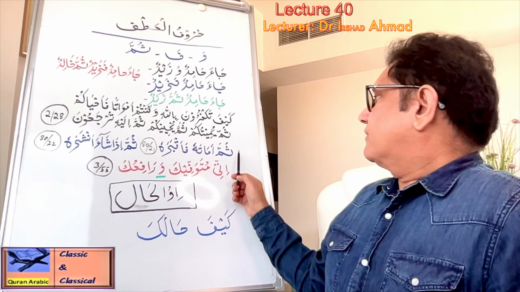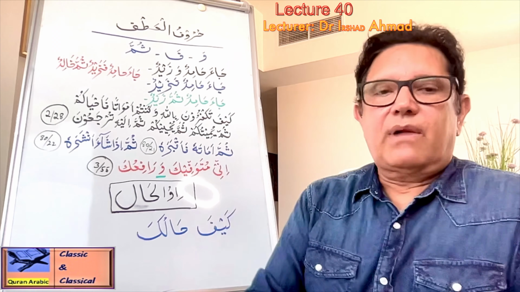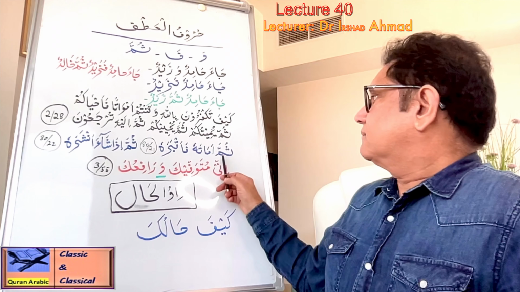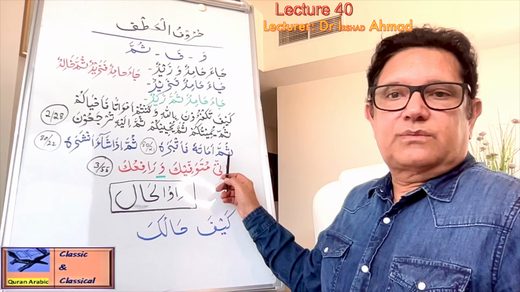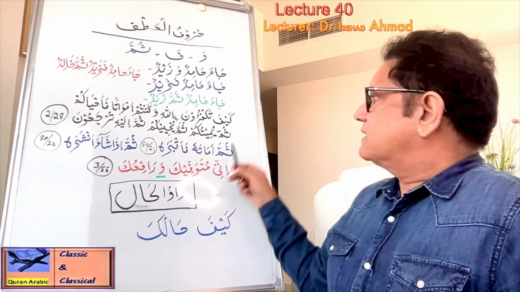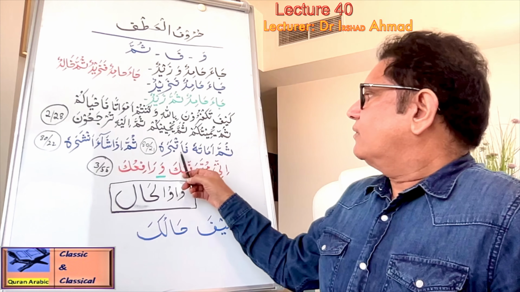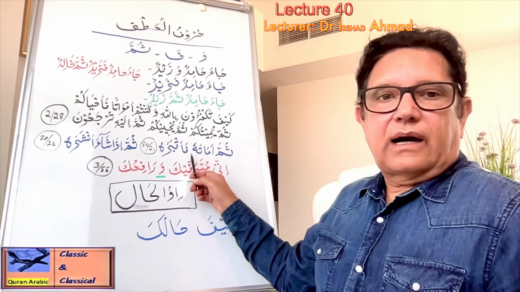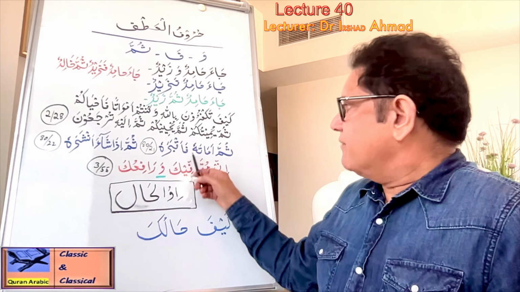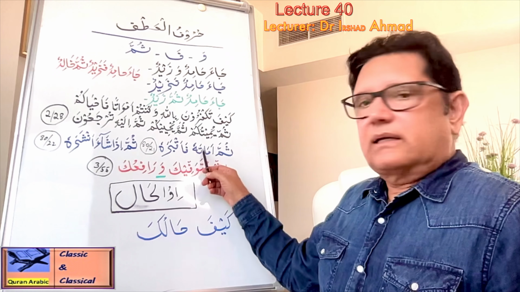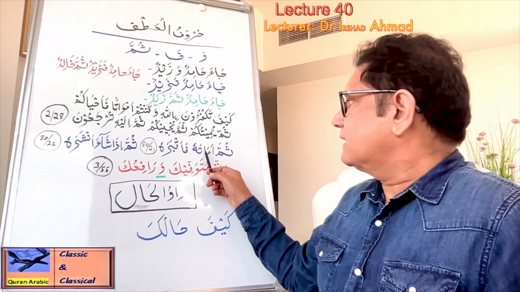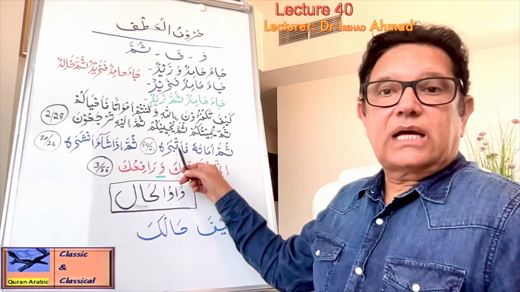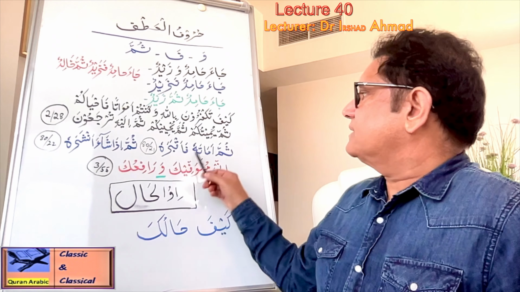Let's look at this example first. Summa amatahu fa aqbarahu. Let's ignore this summa at this point in time because it is related to the previous ayah. Amatahu fa aqbarahu. He makes him die, and then fa means soon after this event, the death, he assigns him a grave, and this is not a physical grave.